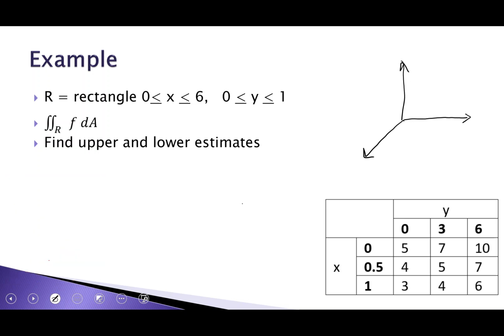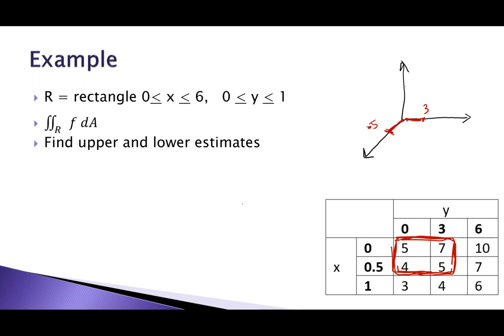Change colors. Here's a little sub-rectangle. My x goes from 0 to 0.5, and my y goes from 0 to 3. So from 0 to 0.5, and from 0 to 3. And what these values in the grid are telling you are the height at each of those corners.